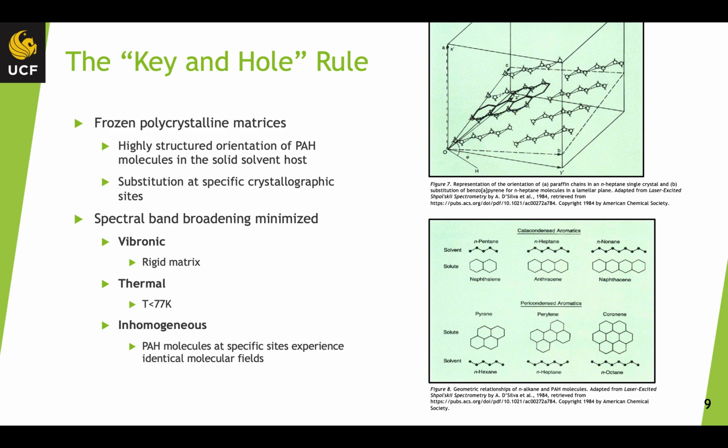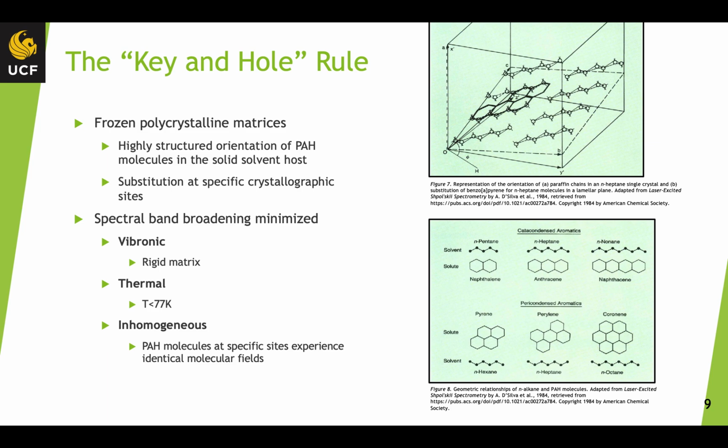So this is a key and hole effect where the solvent fits around, or better yet said, the PAH molecule fits around the solvent molecule in a very specific site. For this reason, spectral band broadening is minimized. We have minimized vibronic band broadening because this is a rigid matrix and these molecules behave as isolated molecules.